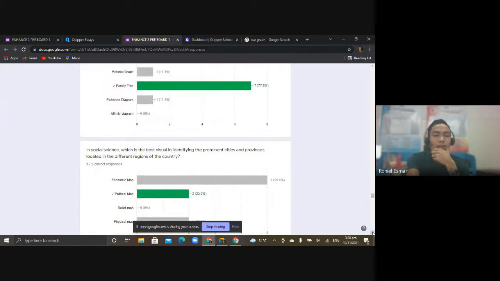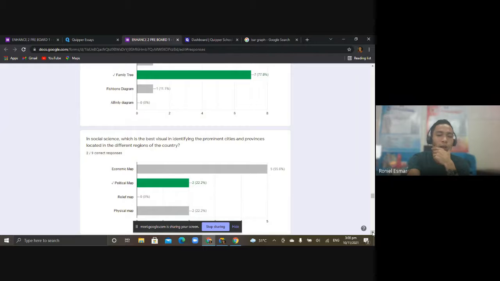Next, in social science, which is the best visual in identifying the prominent cities and provinces located in the different regions of the country? Unsa man nga klase sa map atong gamiton if we are to identify the prominent cities and provinces located no sa mga nagkailain-lain nga region sa atong country. Is it economic map? Unsa daw makita sa economic map?